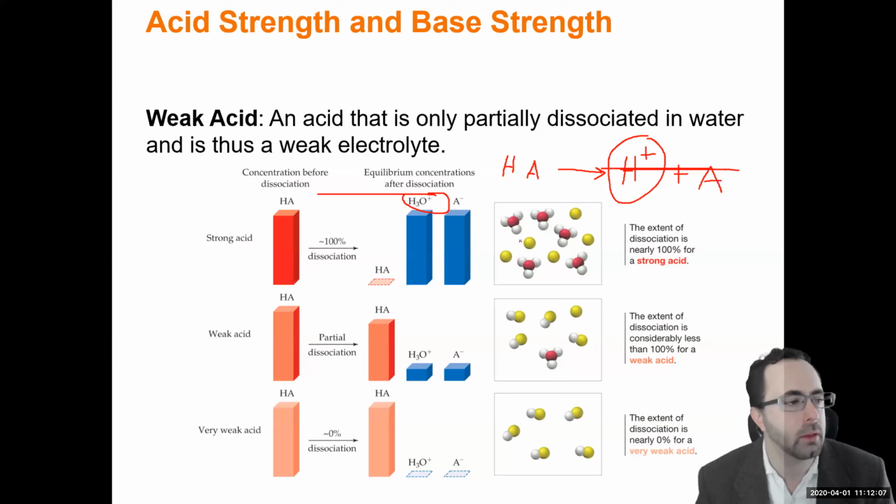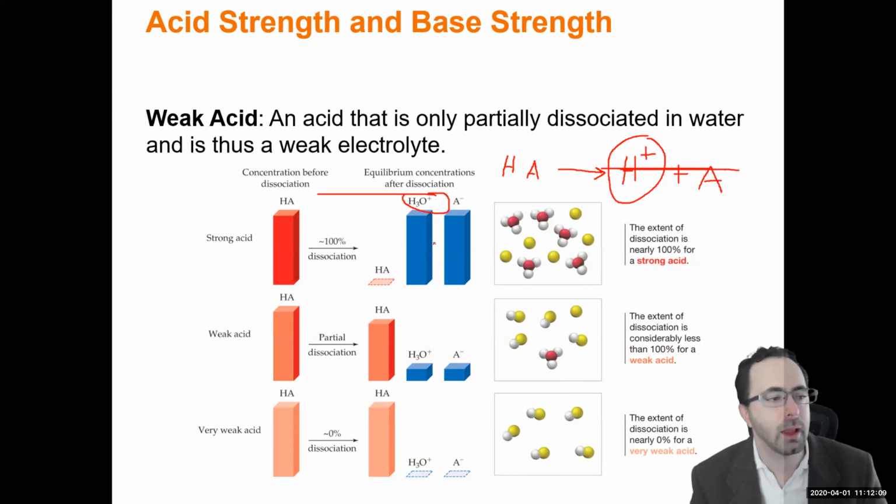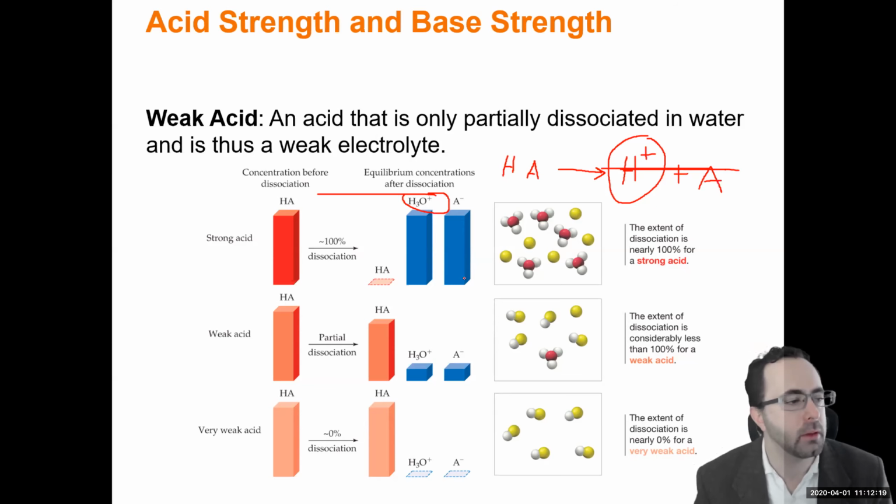We could write either one. Your book tends to write H3O plus more. This is kind of a simpler way of writing the same thing for acids, just for acids. So we call this a strong acid because all of the H pluses have popped off of the A minuses and now attach themselves to water instead. And we can see that in this picture here.